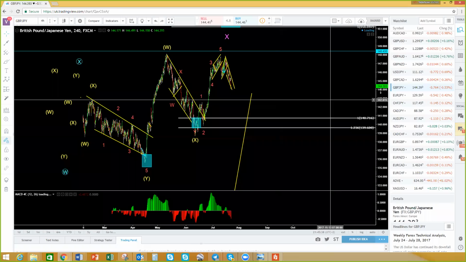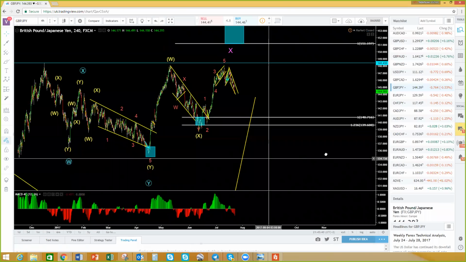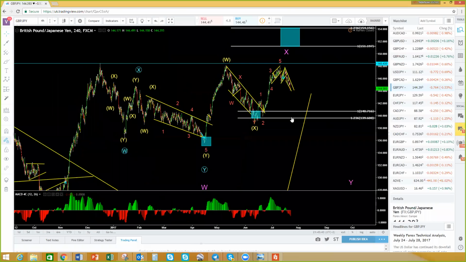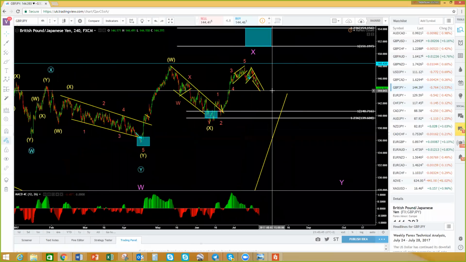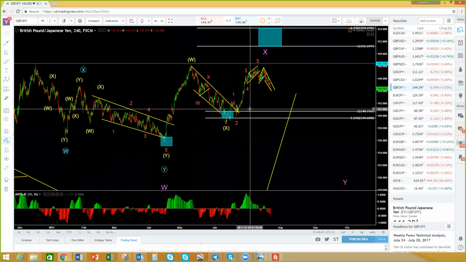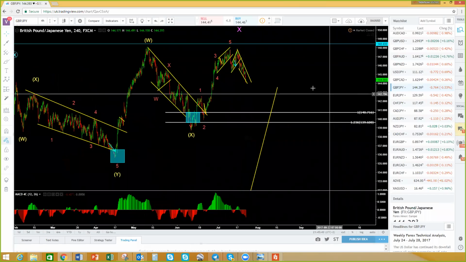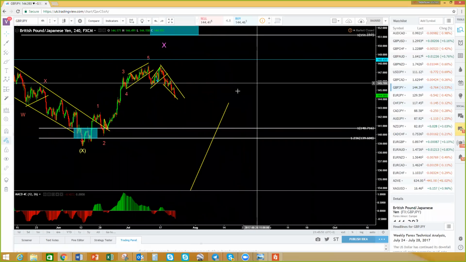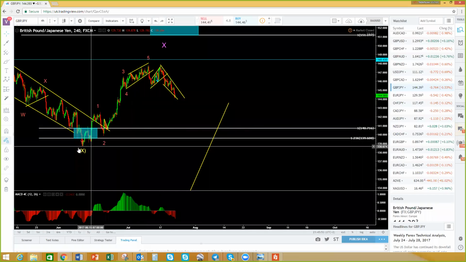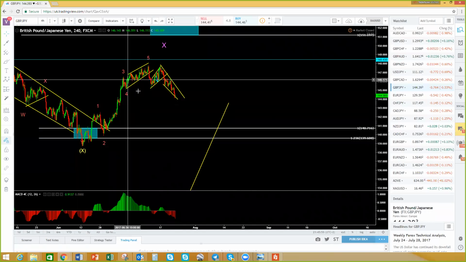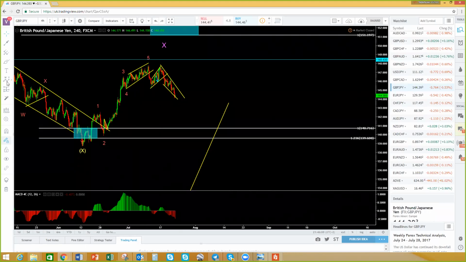So let's look at GBP JPY. We did this one last week, actually. So this is the 4-hour chart. We had a clear 1, 2, 3, 4, 5. So obviously after a 1, 2, 3, 4, 5, you get an ABC here.